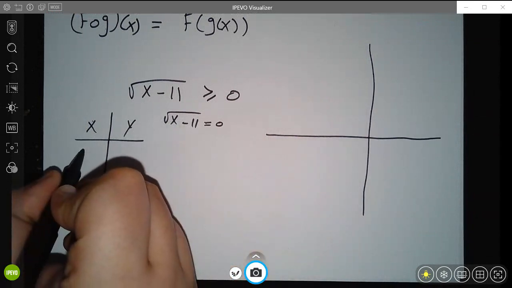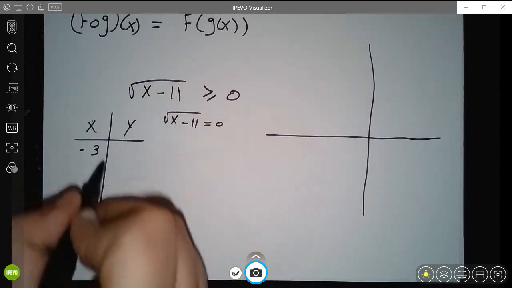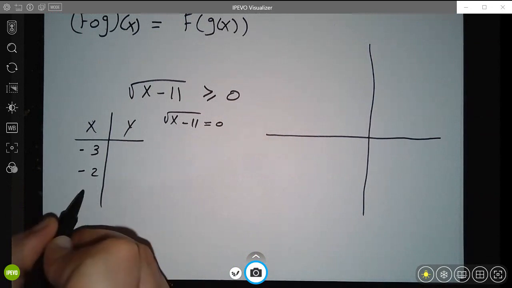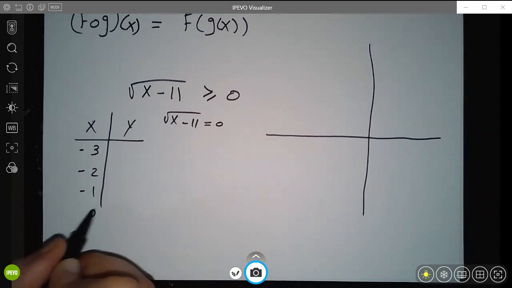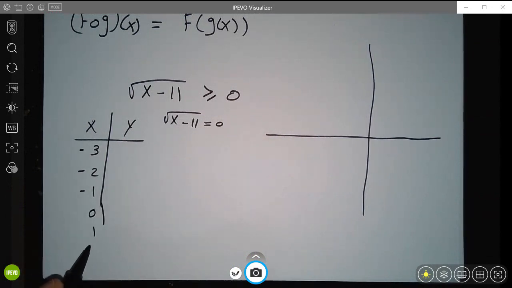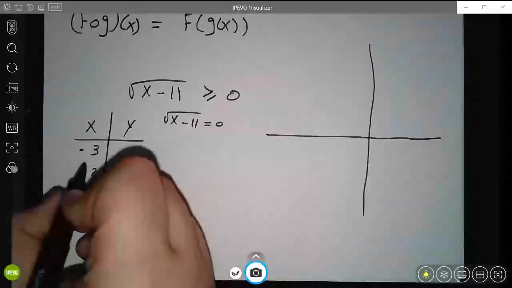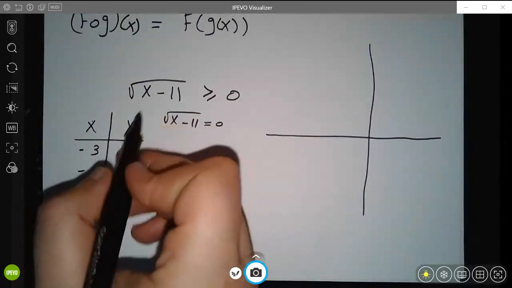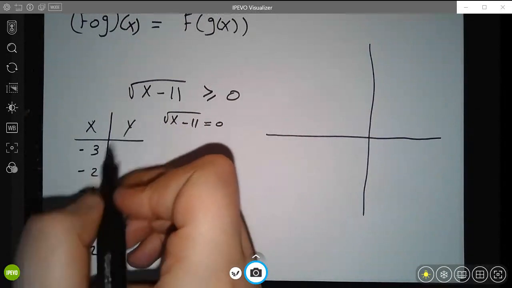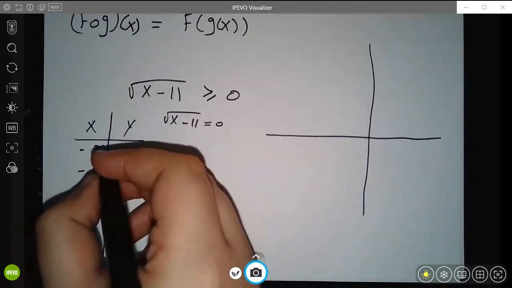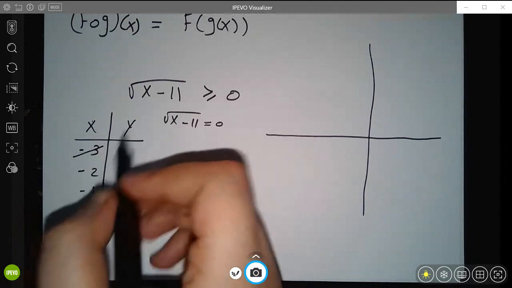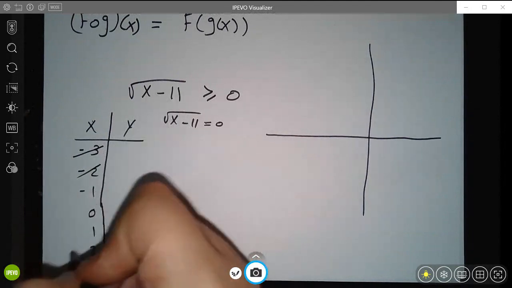So we have negative 3, negative 2, negative 1, 0, 1, 2. That should be enough. Negative 3 plugged in here turns it negative. Obviously, you can't use that. Negative 2 plugged in here turns it negative. Obviously, you can't do that.